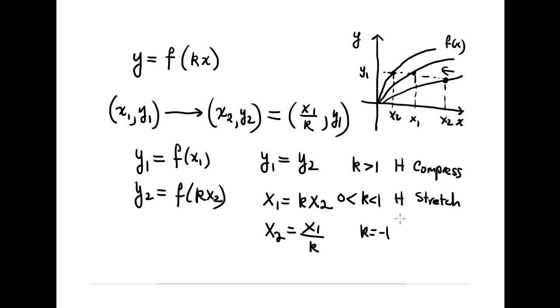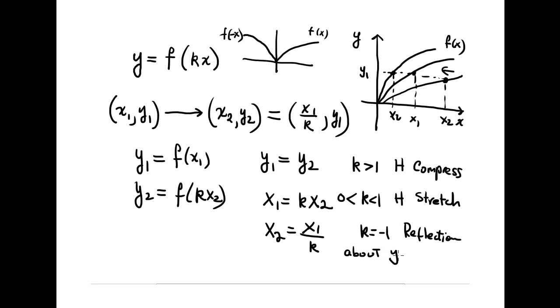When k is negative 1, it's something like that. Suppose you have the original f of x, and you multiply by negative 1 inside the parentheses. This effect is also a reflection, but a reflection about the y-axis.